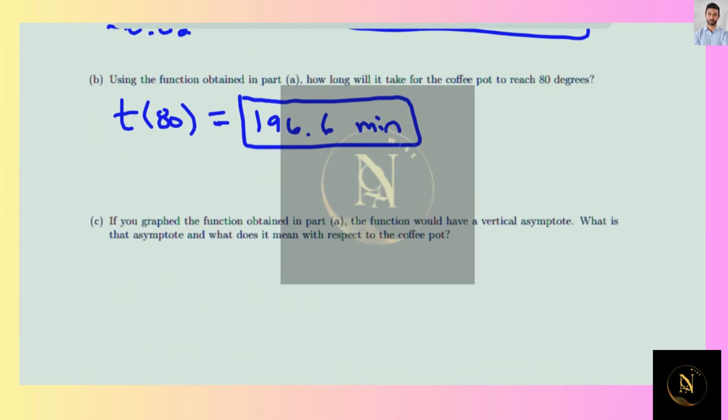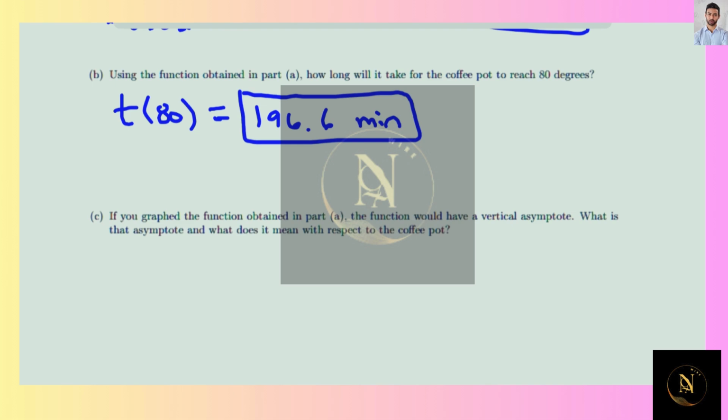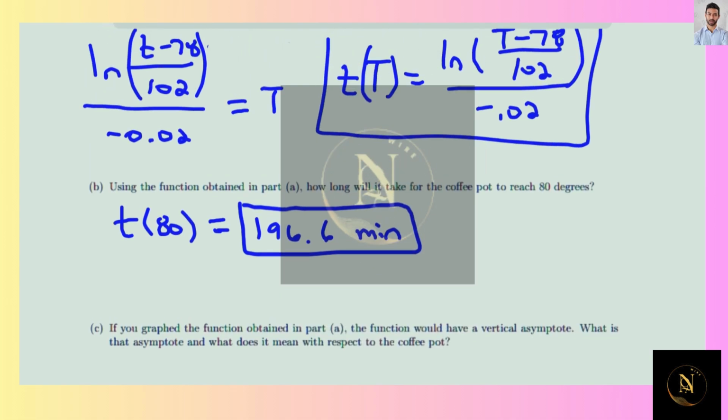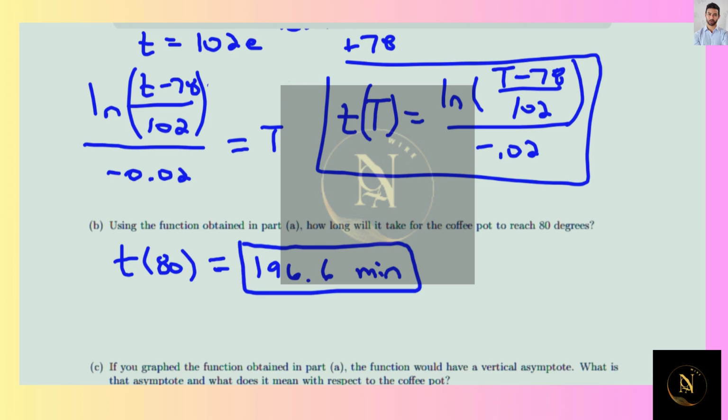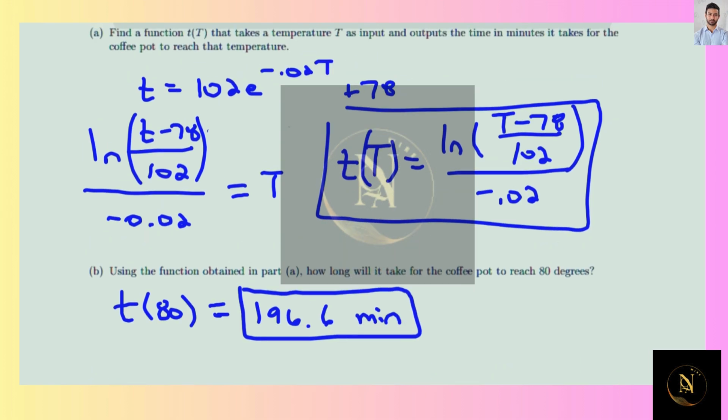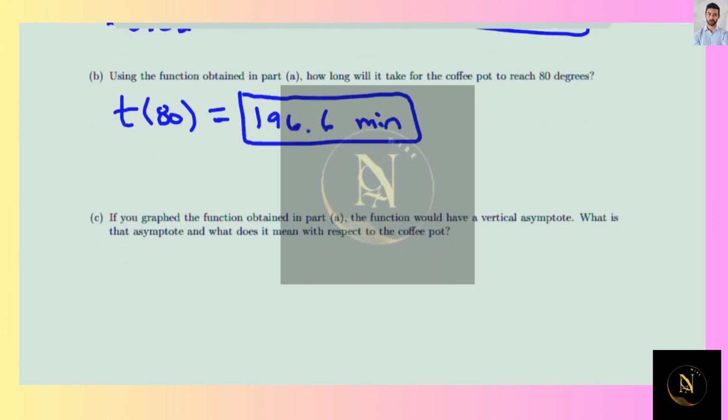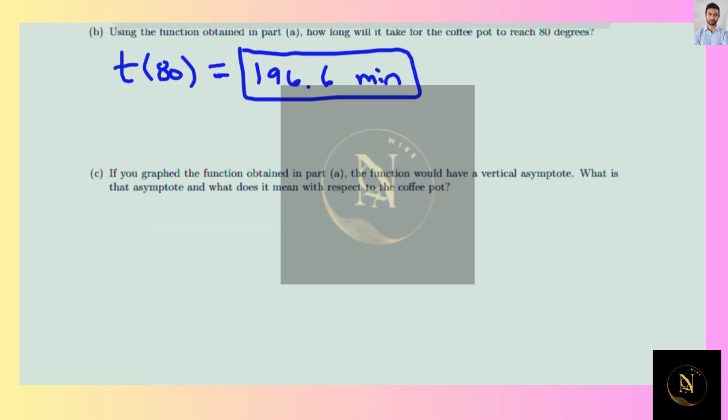If we graphed the function in part A, the function would have a vertical asymptote. It's a natural log function, and so the vertical asymptote would be the y-axis, or x equals 0.